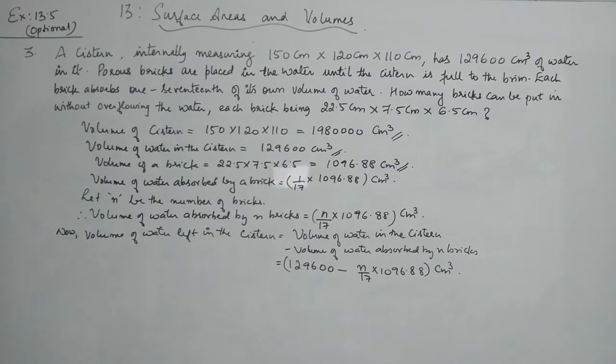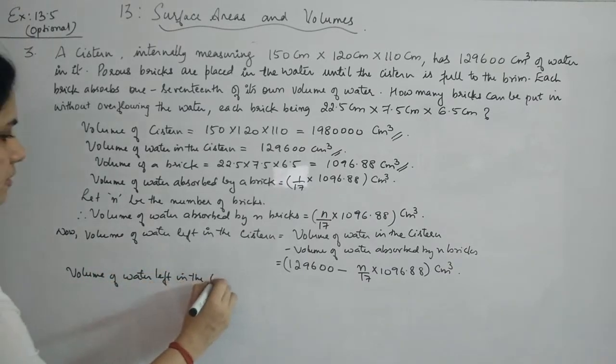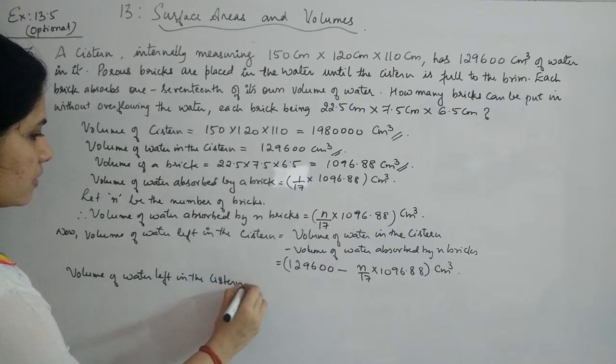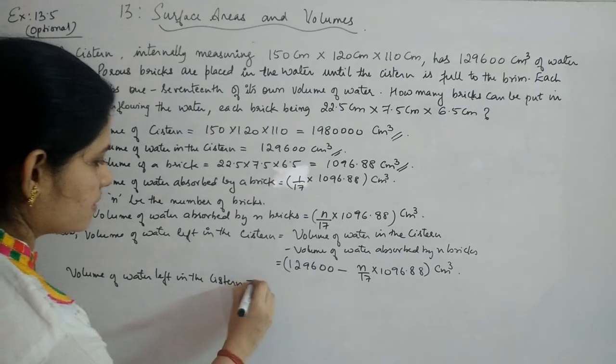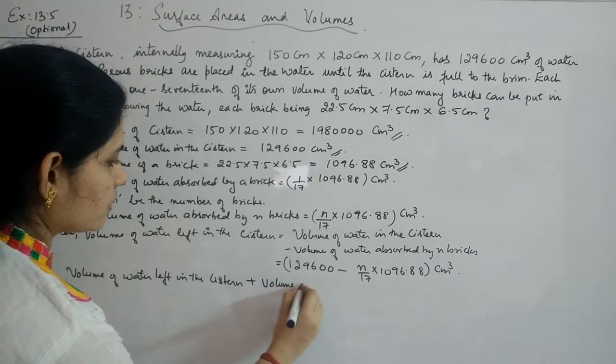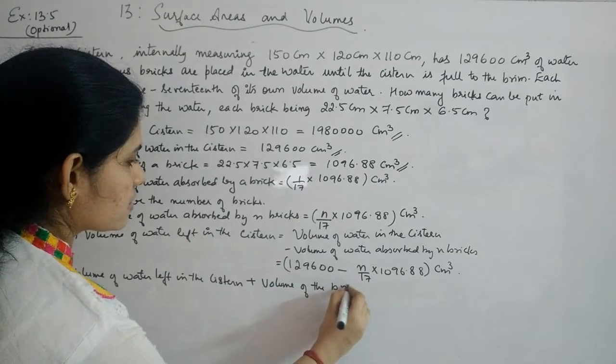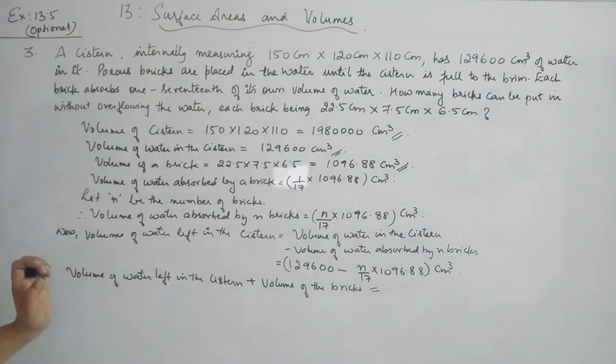Now, what will be the volume of the cistern? It will be the same as the volume of the water left in the cistern plus the volume of the bricks, right? So the volume of water left in the cistern plus the volume of the bricks will be equal to the volume of the cistern.